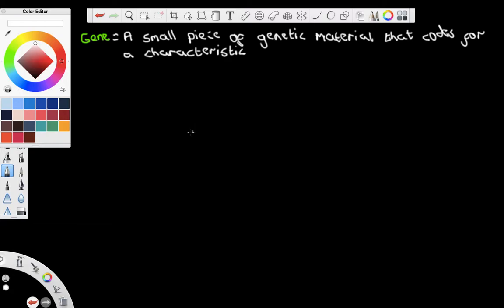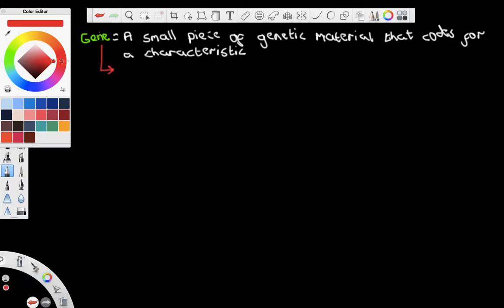Now, when we say a characteristic, we've said in previous lessons that you've got these base sequences inside of DNA, which are converted into mRNA base sequences, which are then read by the ribosome to make proteins. The proteins give us our characteristics. So I'm going to put in red underneath there, because again, it's an important point.